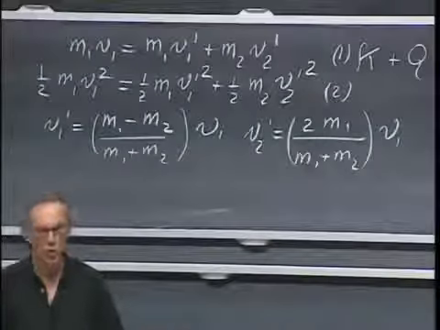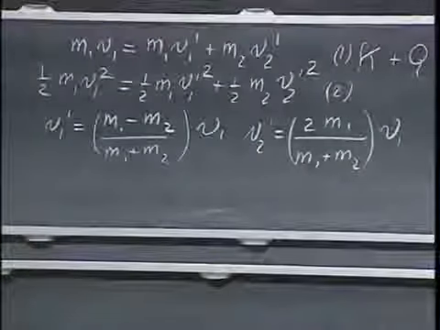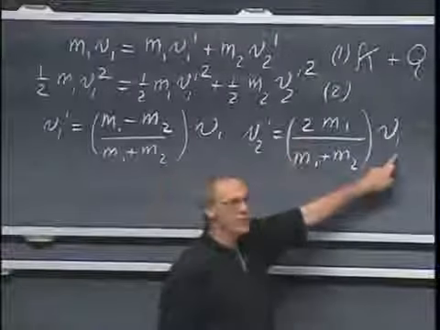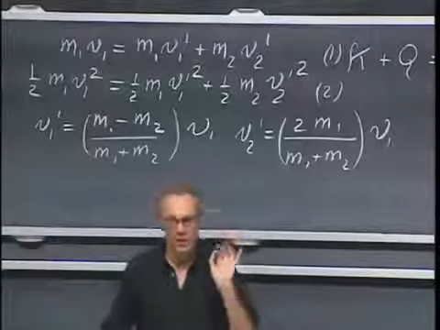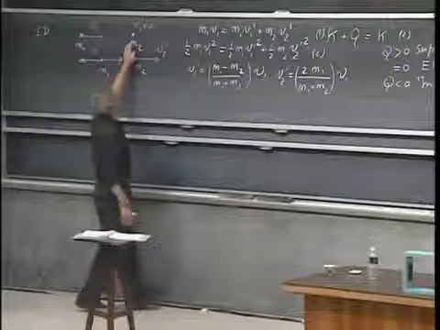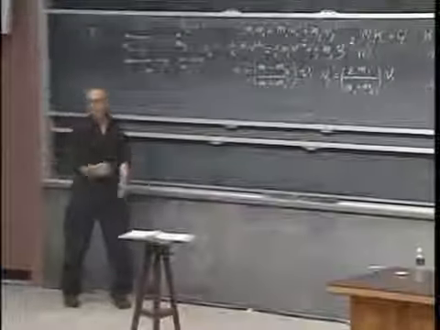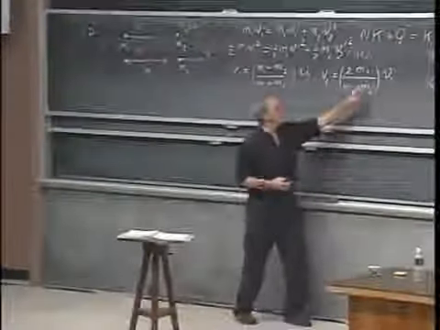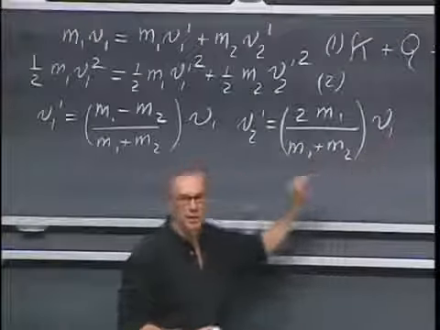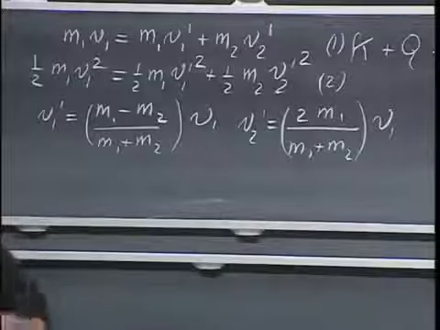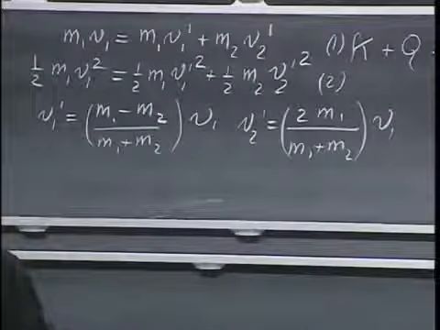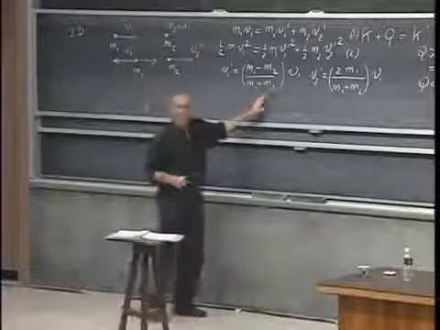The first thing that you already see right away is that v2 prime is always in the same direction as v1. That's completely obvious, because the second object was standing still, remember? So if you plow something into the second object, they obviously continue in that direction. That's clear. So you see, you can never have a sign reversal here. Here, however, you can have a sign reversal. If you bounce a ping pong ball off a billiard ball, the ping pong ball will come back, and this one becomes negative.